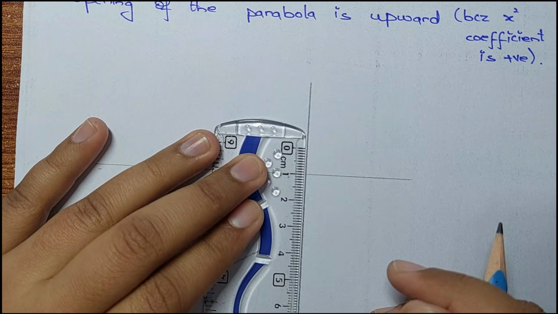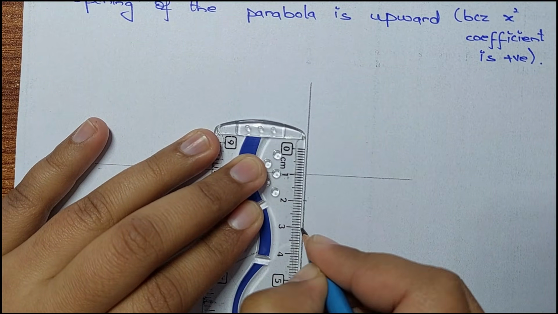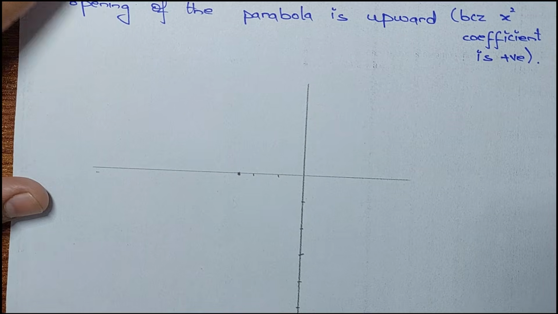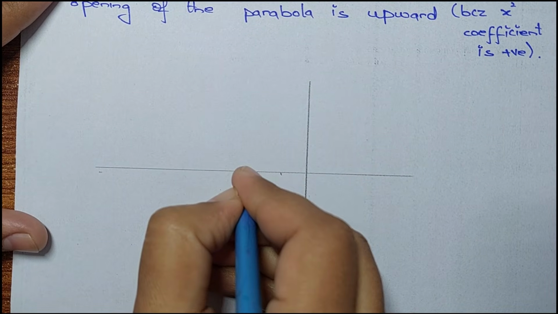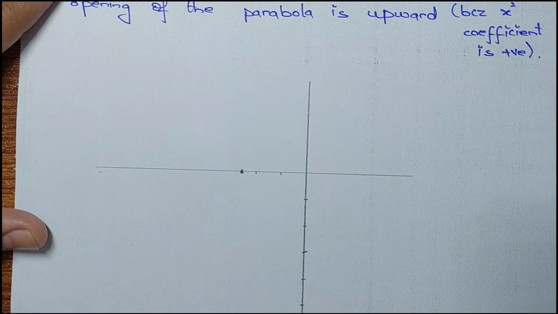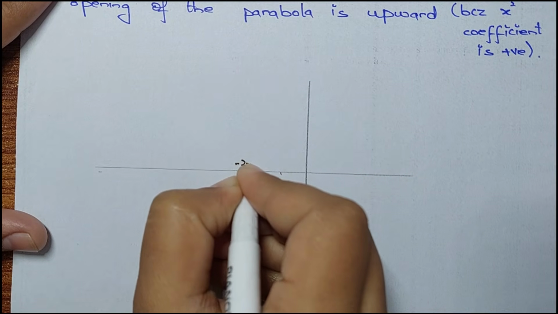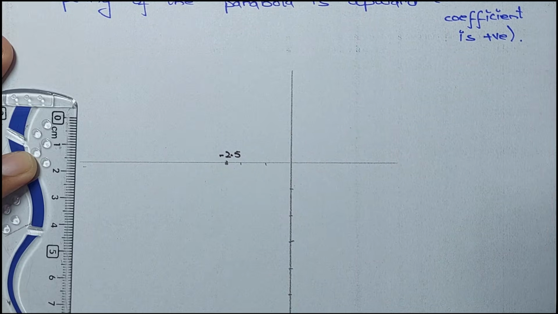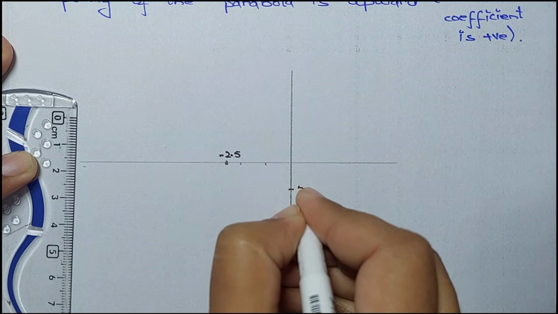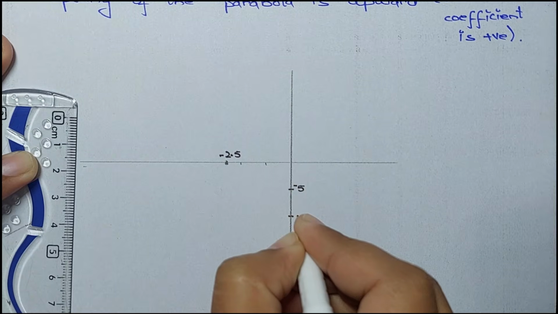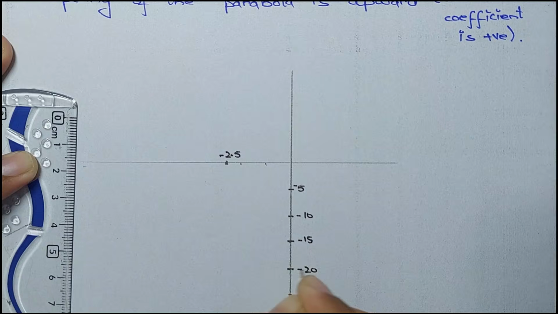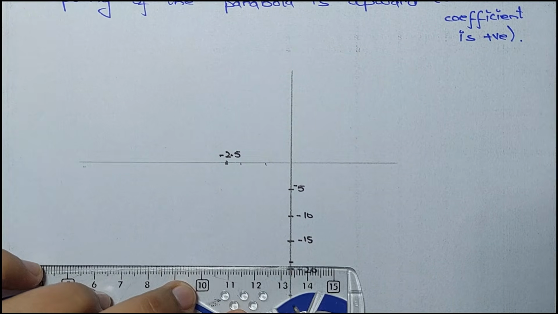And −19 is 1, 2, 3, 4, 5, 6, 7, 8, 9. If I label the y by the scale of −5, −10, −15, −20, then −19 is somewhere over here.